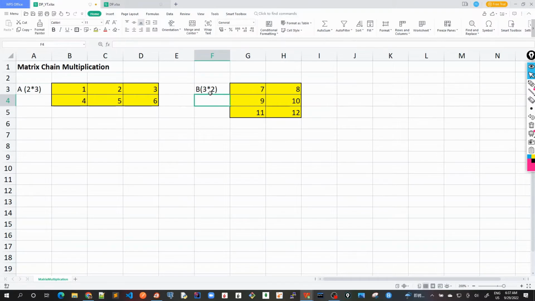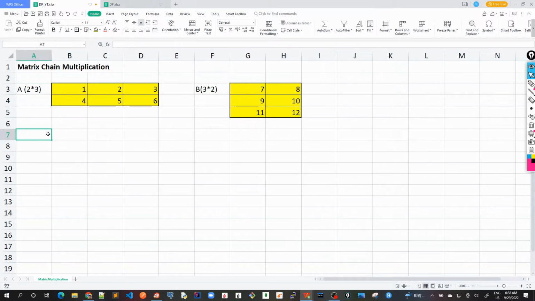And now I have created a second matrix B, with dimensions 3 by 2. Again, by 3, it means that there are 3 rows, and by 2, there are 2 columns. So here, again, we have got 2 matrices, A with 2 rows and 3 columns, and a second matrix B with 3 rows and 2 columns.